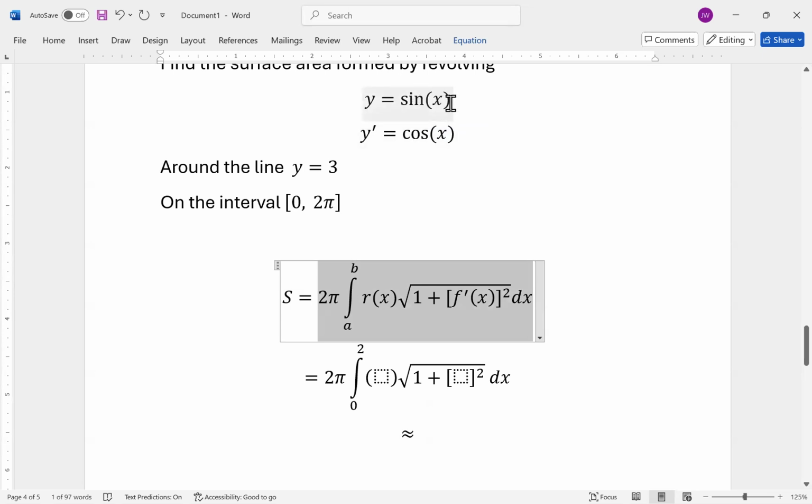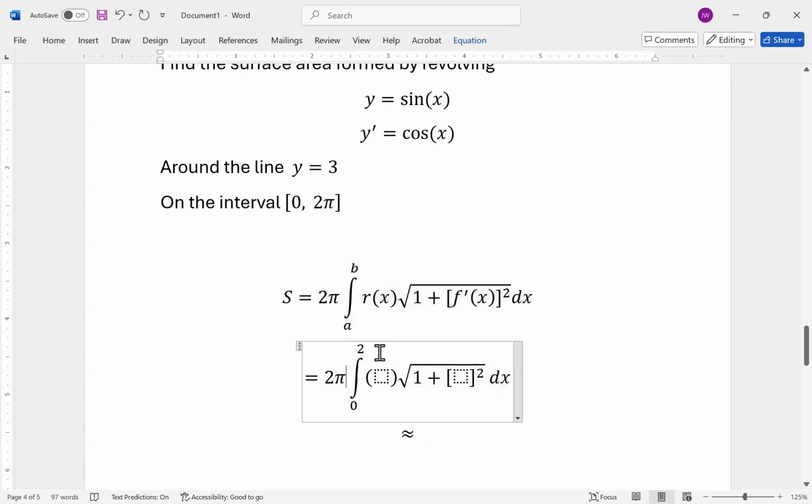I'd have x equals the arc sine, or inverse sine, of y. Taking the derivative of arc sine is messy. Much easier to take the derivative of sine. I'm integrating from 0 to 2 pi. Oops, I thought I had pi in there.